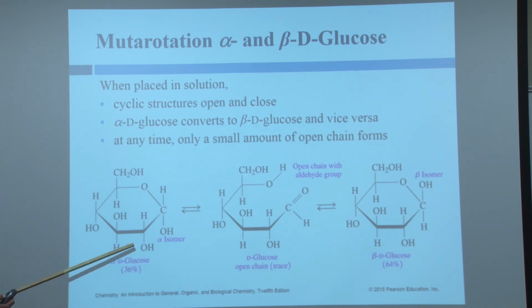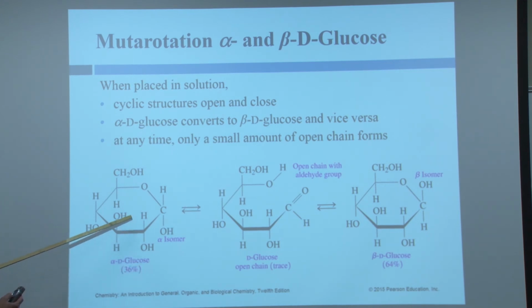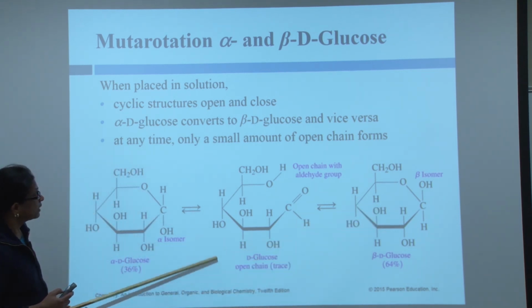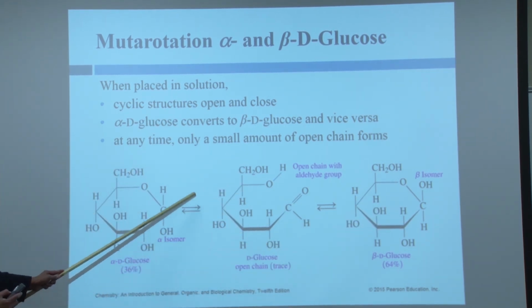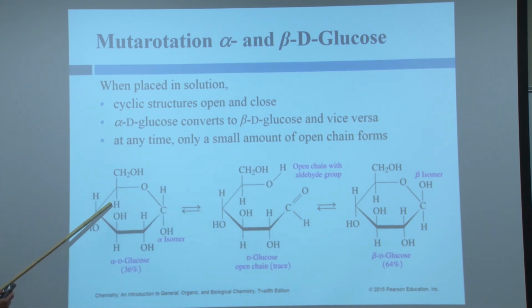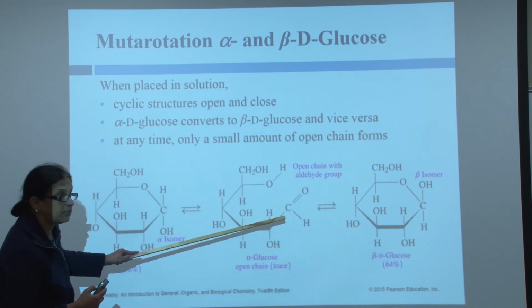So in a solution of alpha D-glucose, 36% will be the alpha, 64% will be the beta isomer, and it will open and rotate into beta, open, rotate into alpha. You can see there are arrows pointing in both directions. This tells you that the reaction moves forward and then moves backward.